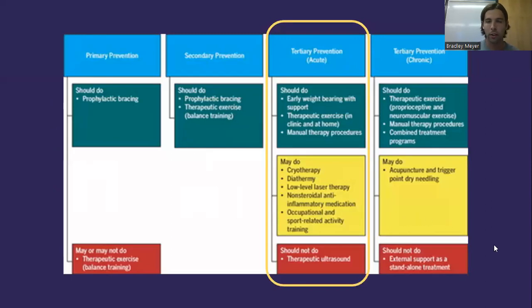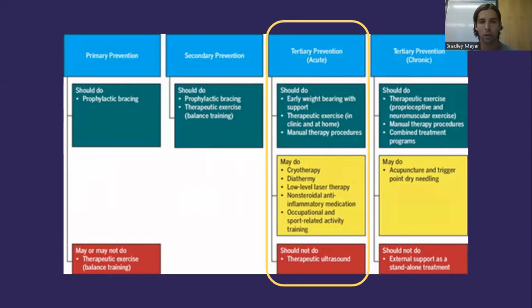Okay, and then this is an image, sorry if it's a little blurry, that I got from the revised clinical practice guideline on ankle strains. The information that I have presented in these slides is focusing on this third area, the area with the yellow box around it.